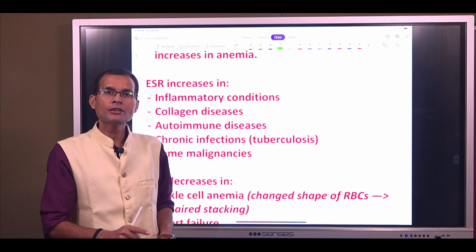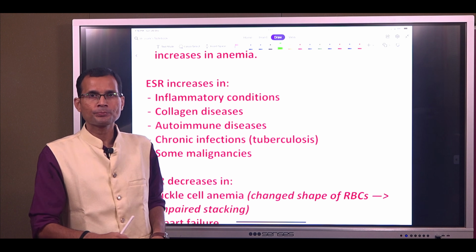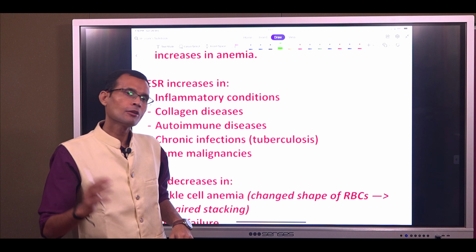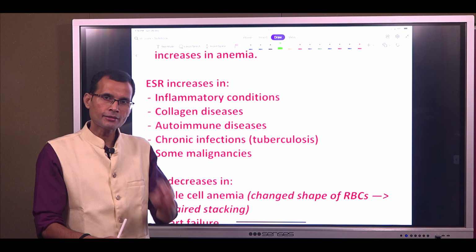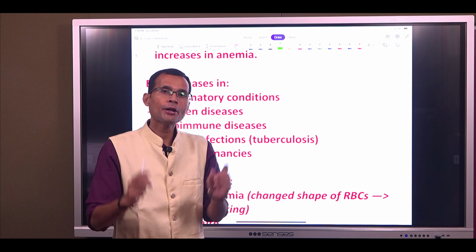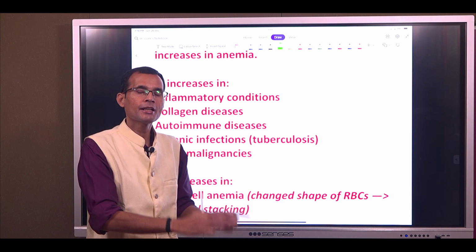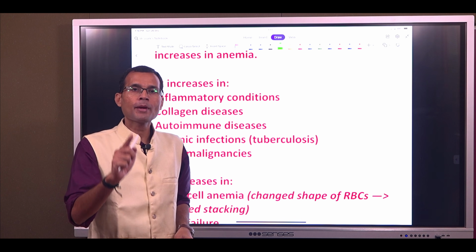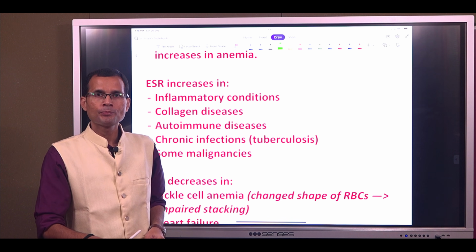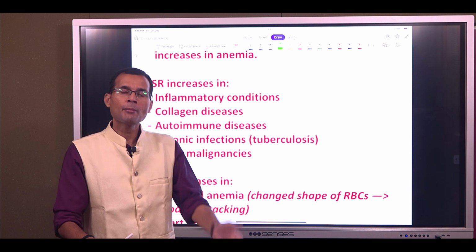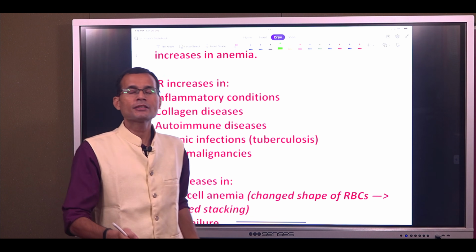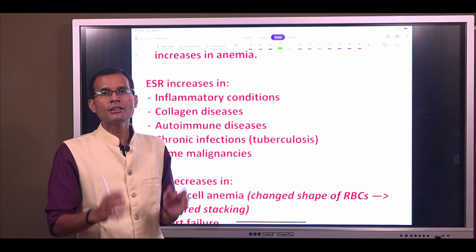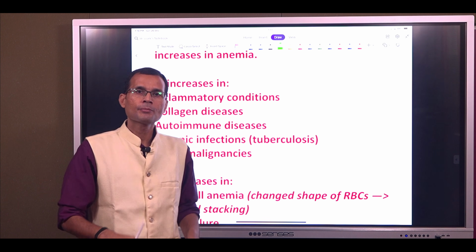So, any factor that hastens or accelerates the rouleau formation will hasten or increase the ESR. Third point that you should remember and must be in your university answer is asymmetric macroglobulins in the plasma. So, fibrinogen, gamma globulins and other such acute phase proteins. If they are increased in the plasma, the ESR does increase.